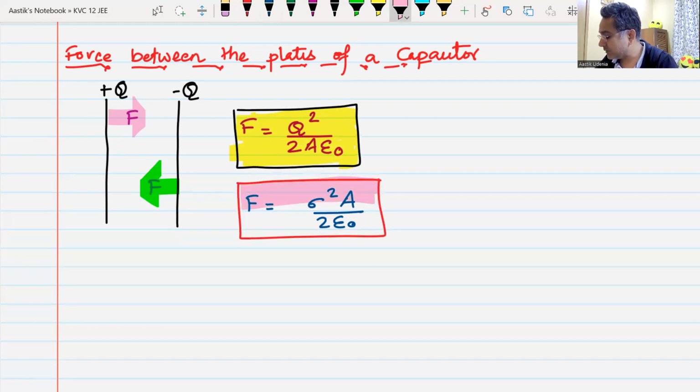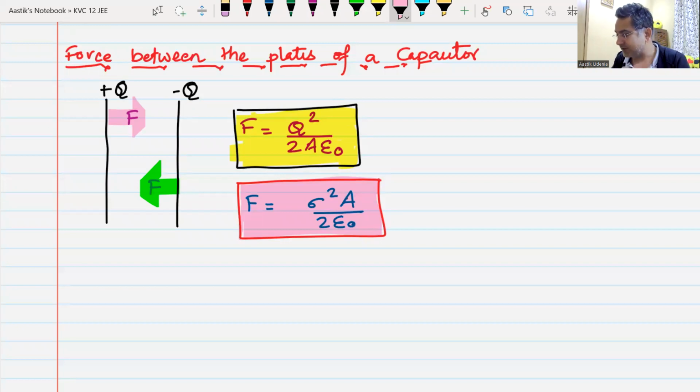This is the force of attraction between the plates of a capacitor. Do we understand this? Yes or no? I'll give you 2 minutes to note this down.